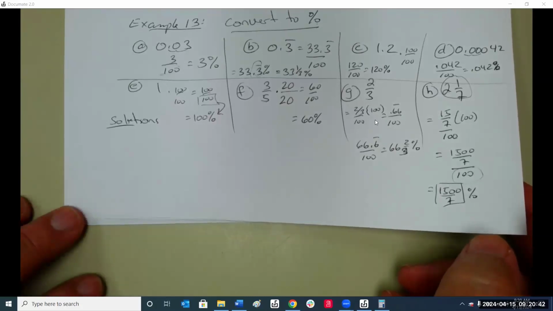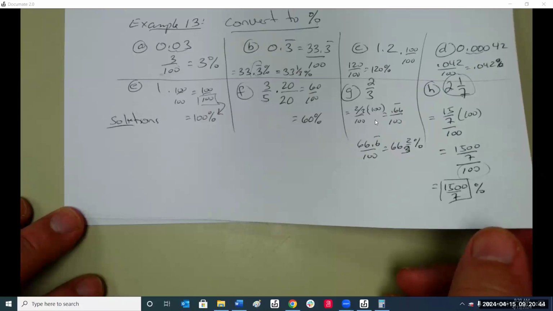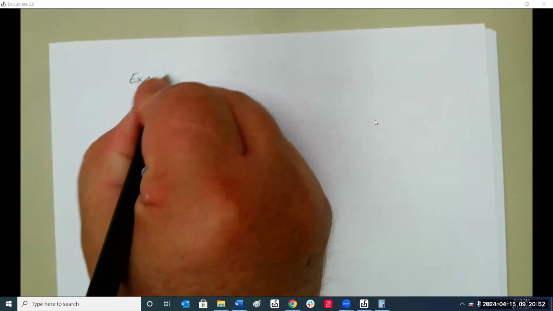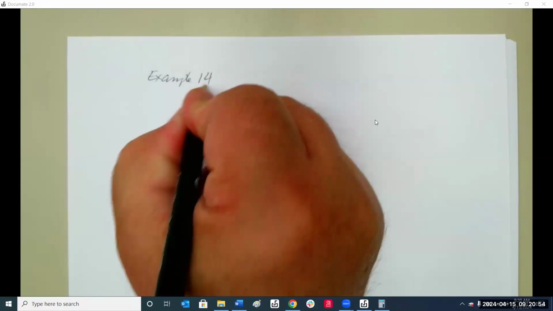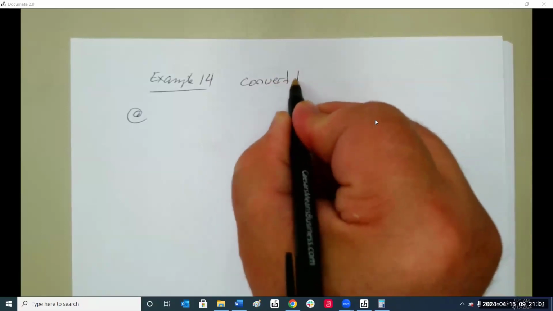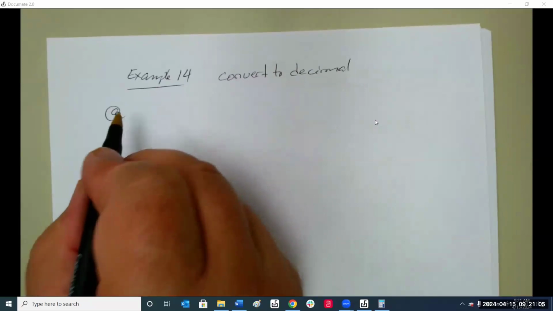Let's go backwards. I'll give you a percent, you put it in a decimal. This is the next example, example 14 on your sheets. Convert to decimal.